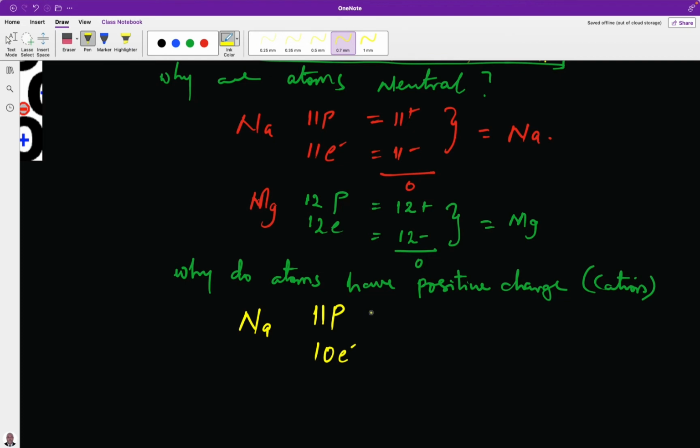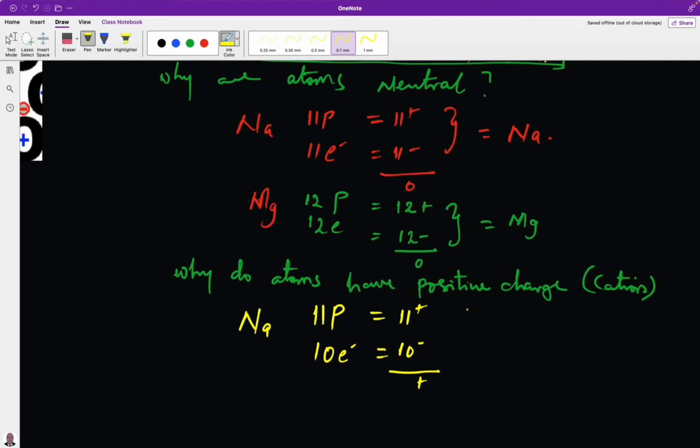11 protons means 11 positive charges, and 10 electrons mean 10 negative charges. If we add all this, there will be a difference of a positive.